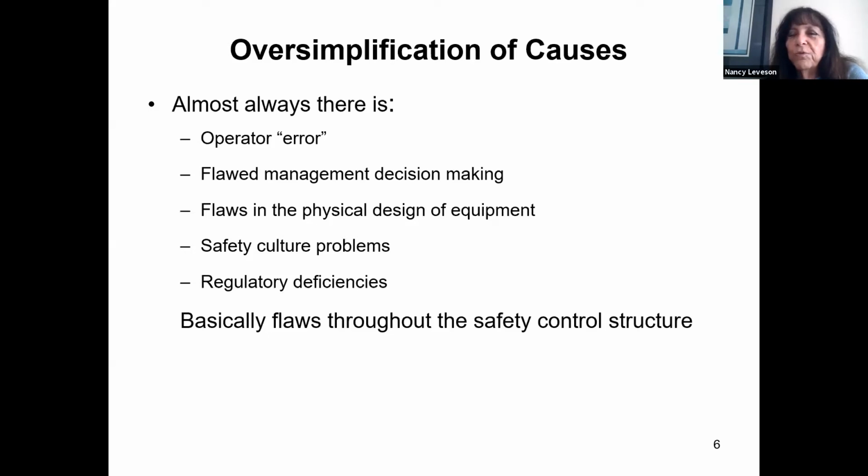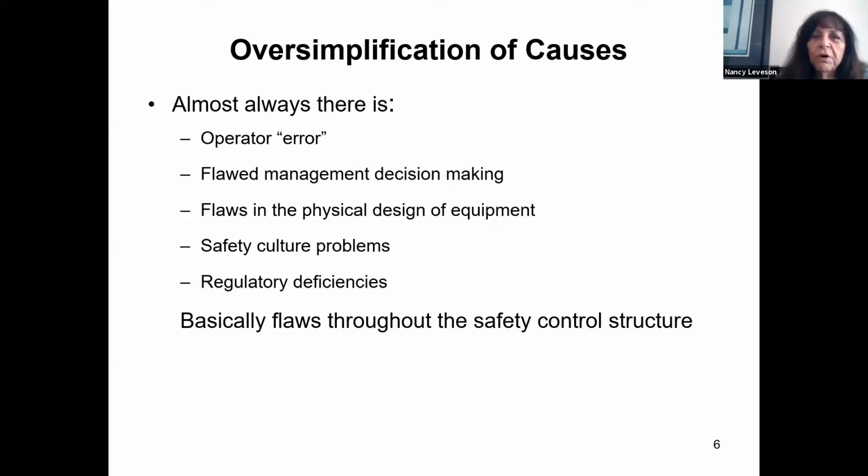And related to this is oversimplification of causes. In almost every accident or loss, there's operator so-called error, and we're going to talk more about that, flawed management decision-making, flaws in the physical design of the equipment, safety culture problems, regulatory deficiencies, and basic flaws throughout the whole safety control structure.